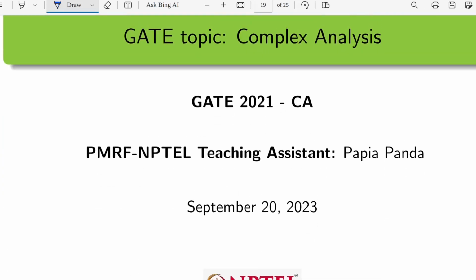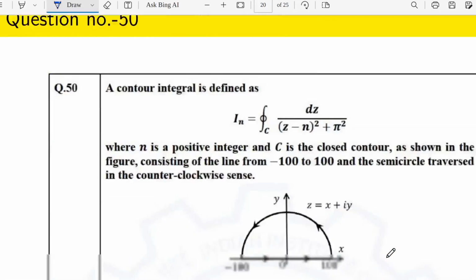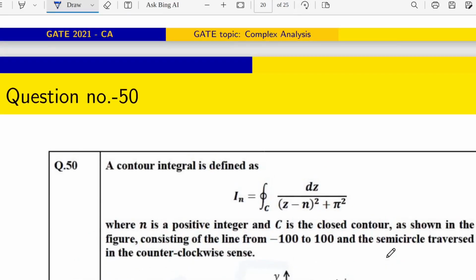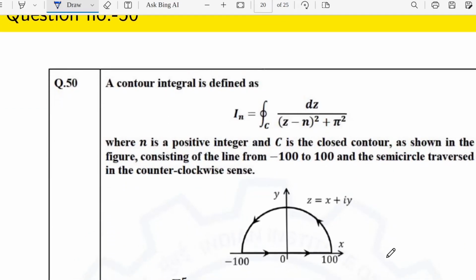In the next one, I have taken the same question paper, 2021 physics, and I have taken the 50th question. The question is: a contour integral is defined as I n, which is the closed contour integration of dz divided by (z minus n) whole square plus pi square, where n is a positive integer and C is the closed contour as shown in the figure, consisting of the line from minus 100 to 100 and the semicircle traversed in the counterclockwise sense.